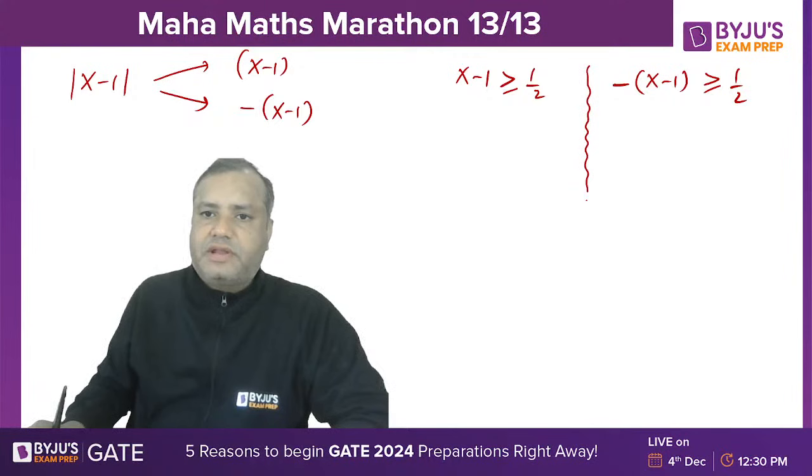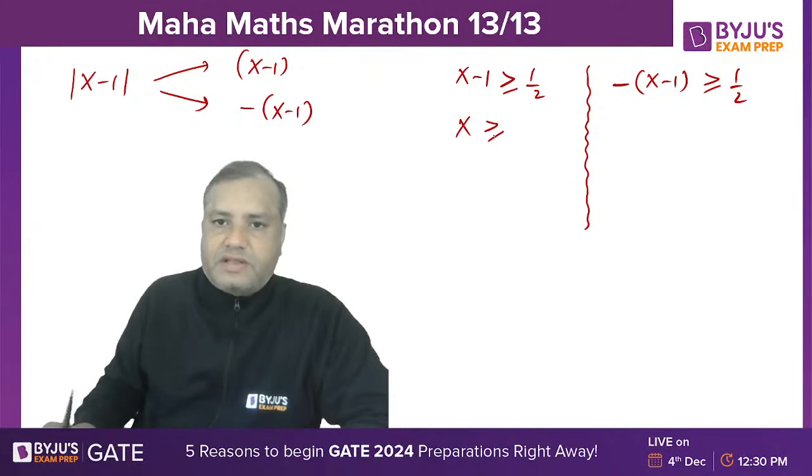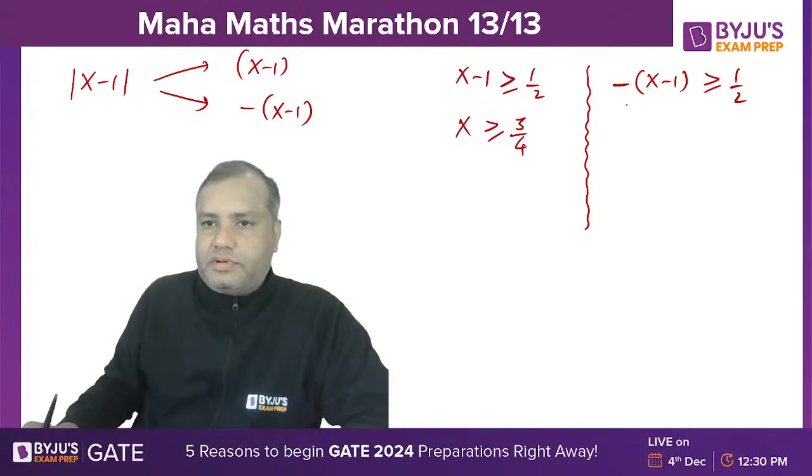Students, ensure to hit the like button. First, x minus 1 greater than or equal to 1 by 2. This -1 is brought to the other side, so 1 by 2 plus 1. Now multiply by the minus inside: minus x plus 1 greater than or equal to 1 by 2, so minus x, this 1 is brought to the other side.